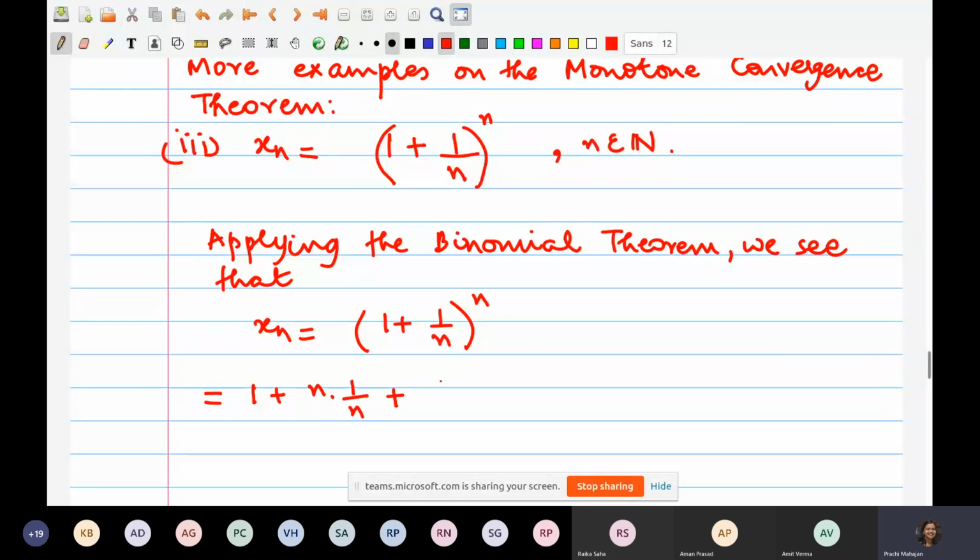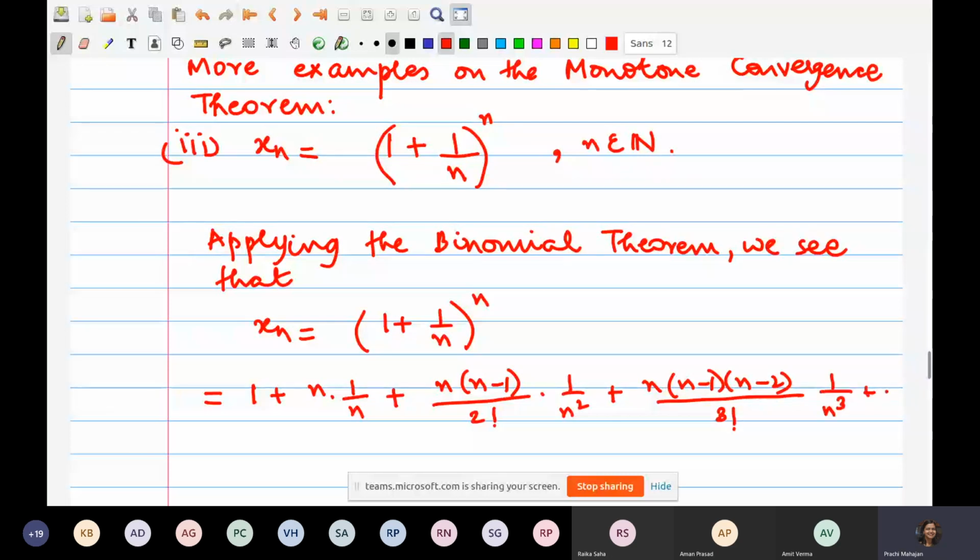So this is n, plus n choose 2, which is n times n minus 1 by factorial 2, times 1 by n square, plus n choose 3, which is n times n minus 1 times n minus 2 by factorial 3, times 1 by n cube, and so on. And what would be the last term?